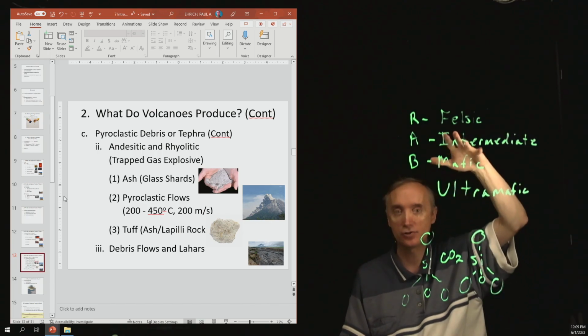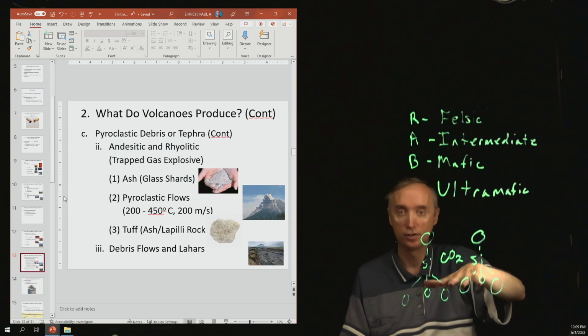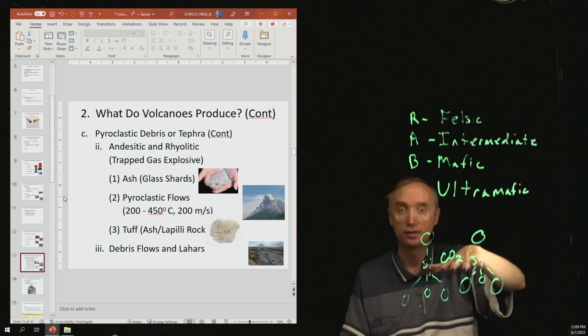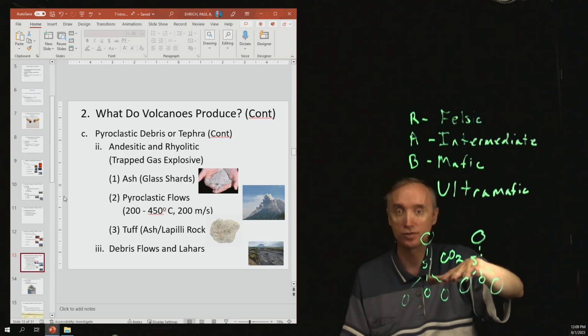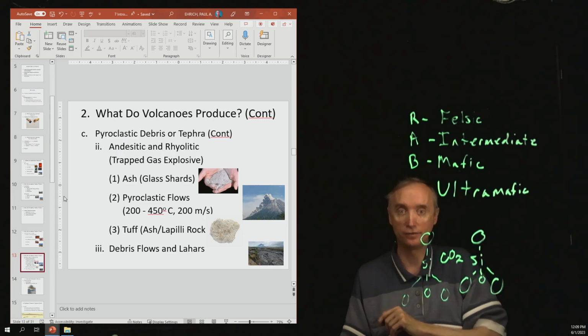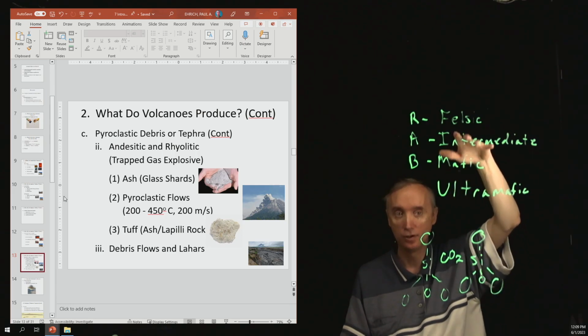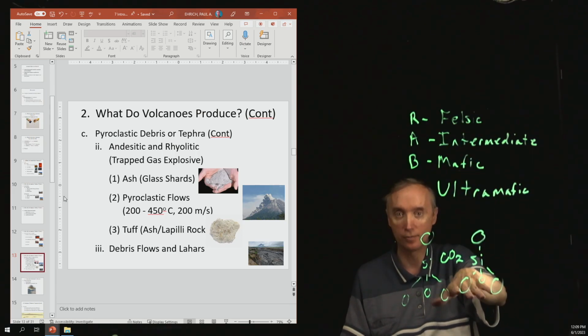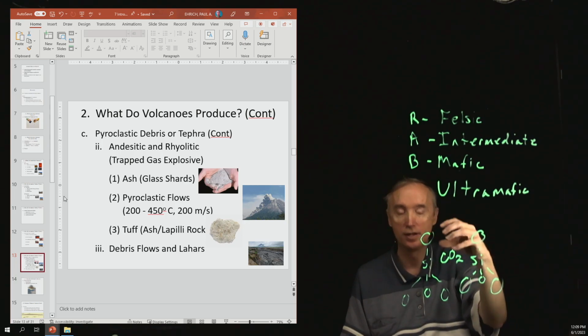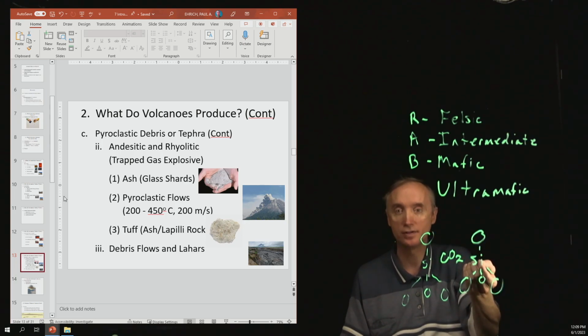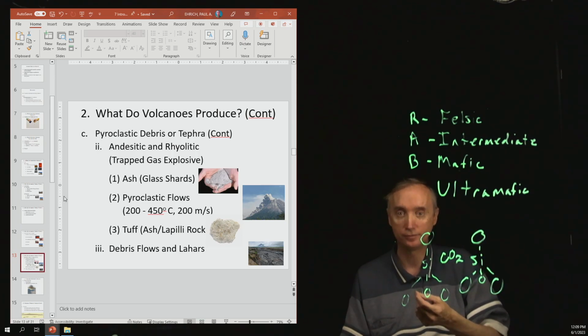And then that ash, when it settles down onto the surface, is what's going to turn into tuff. So ash is a powder in the air. When it comes back down to the ground and makes layer after layer of ash, that can be cemented together or heated and melted together to make tuff.